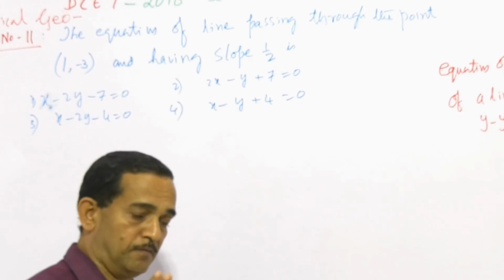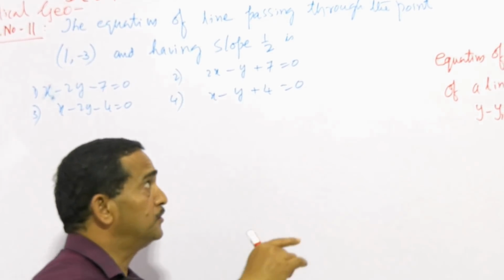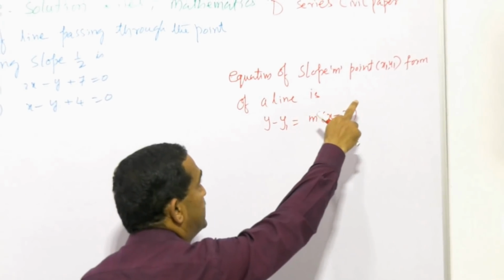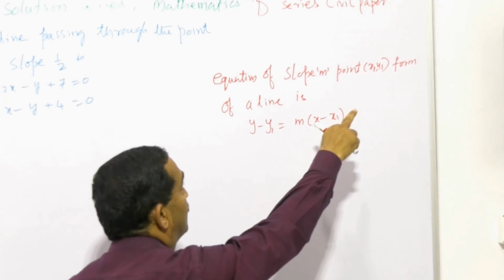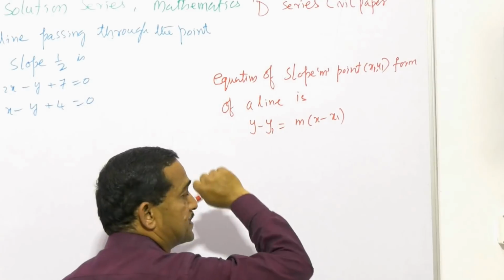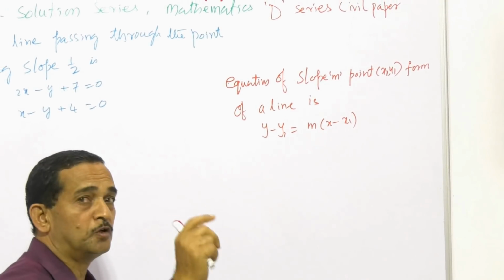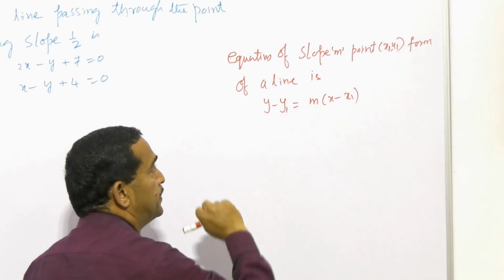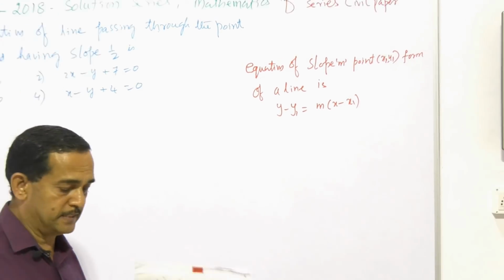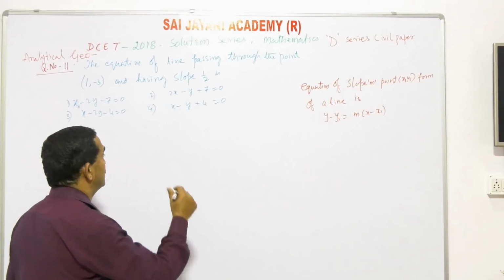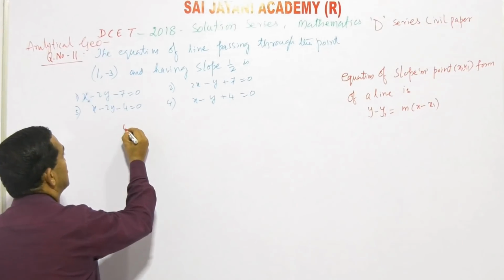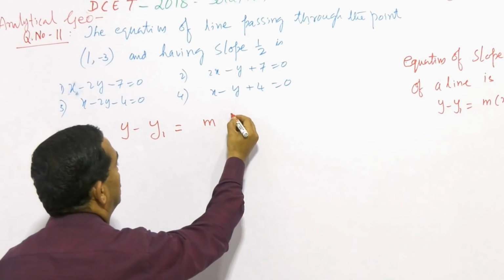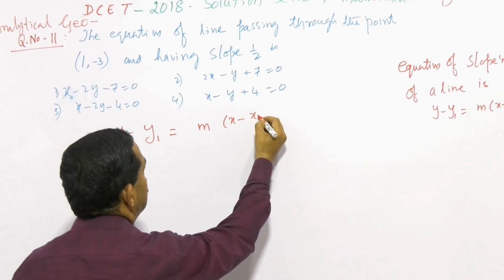First of all, from analytical geometry, we know that the slope-point form of a line, with slope m and point x1, y1, is y minus y1 is equal to m into x minus x1. Based on that, I am repeating here, y minus y1 is equal to m into x minus x1.